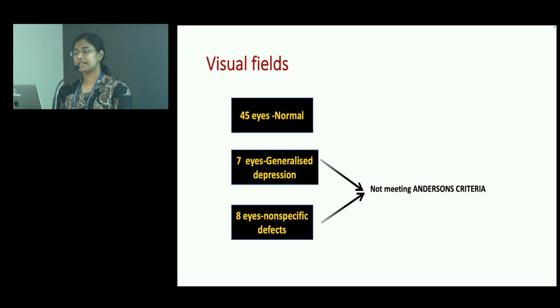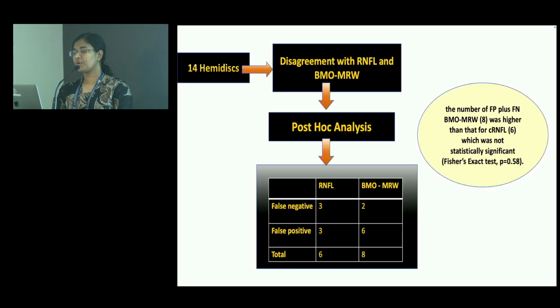Out of 60 eyes, 45 eyes had normal visual fields, whereas 15 eyes showed visual field defects, which were not meeting all of Anderson's criteria. The 14 hemidiscs which showed disagreement underwent post hoc analysis, and the number of false positive plus false negative of MRW was higher than that of RNFL, and that is not statistically significant.